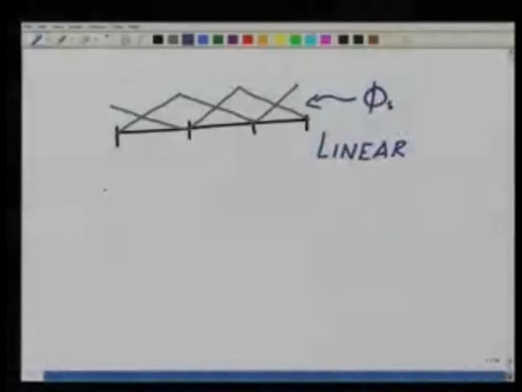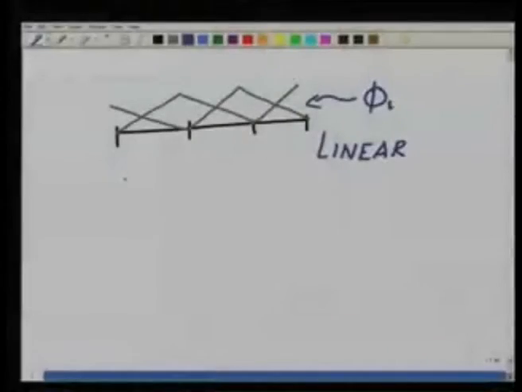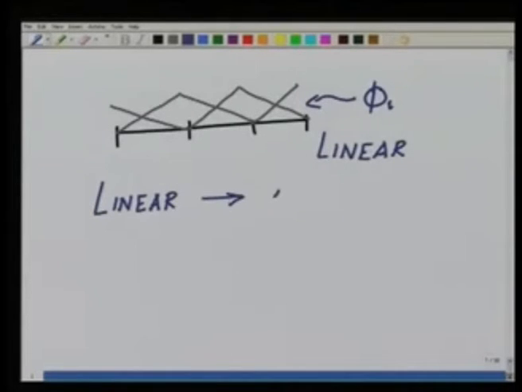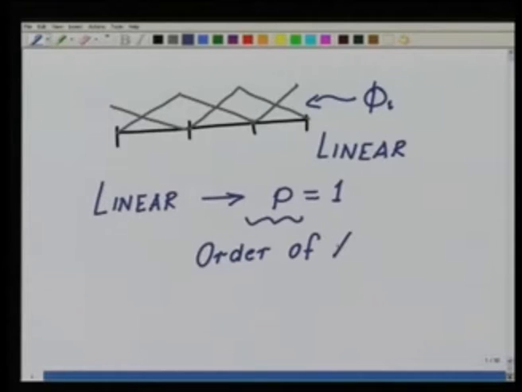The answer is yes. Today we are going to look at higher order approximations for the finite element solution. As a notation, when we say linear approximations, we represent it by p equal to 1, where p we call the order of approximation.